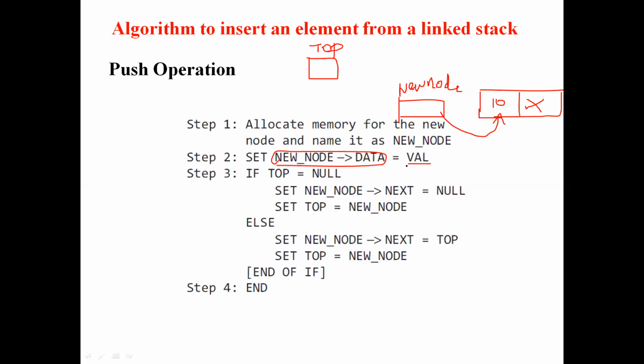They didn't write it, but you can write it under step 2 as two lines: new node data equal to value, and new node next equal to null. They have missed it here, so you can write that also. You have to ensure that it is null only. I have drawn it clearly.